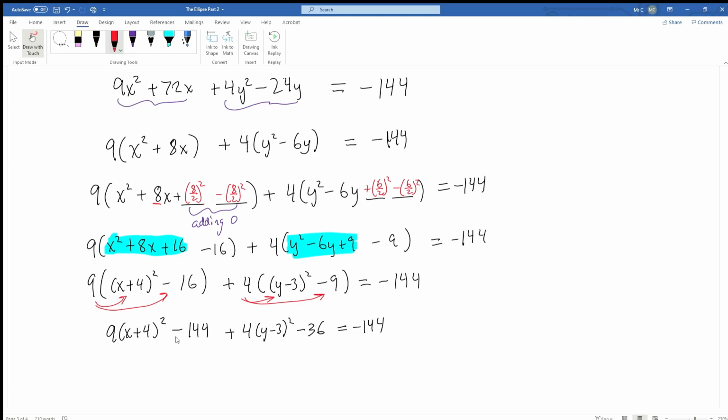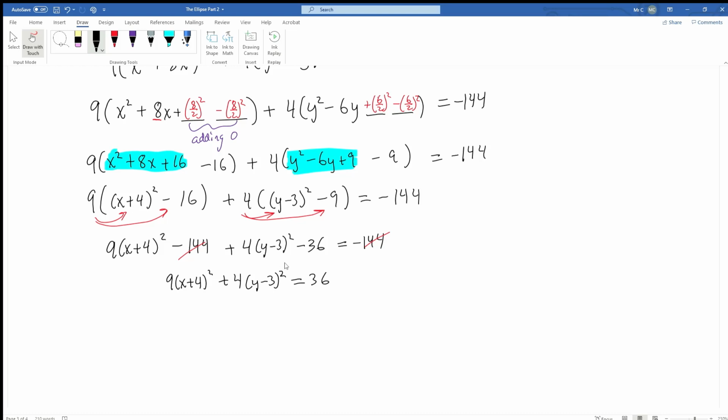So those negative 144s on each side of the equation cancel each other out, and then I'm going to move my 36 over. So I get 9 times (x plus 4) squared plus 4 times (y minus 3) squared equals 36. And lastly, I just need to divide each side by 36.